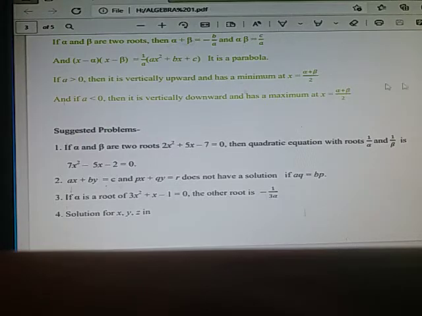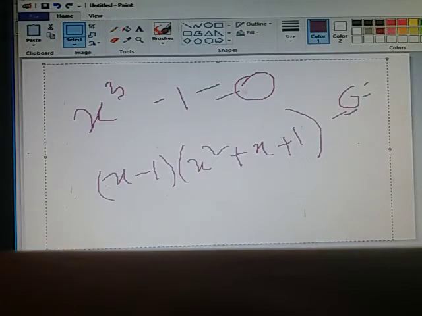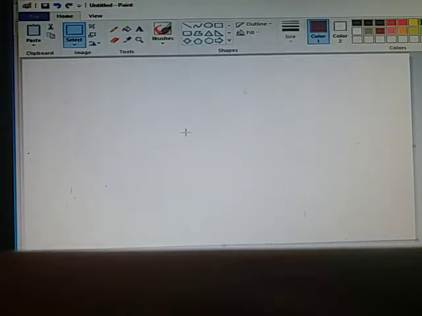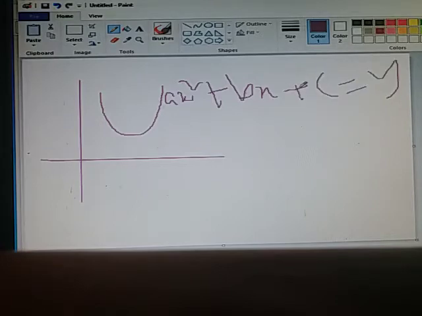So our parabola is like this, ax square plus bx plus c equal to y. You see here it doesn't meet the x-axis. This means these are complex roots.